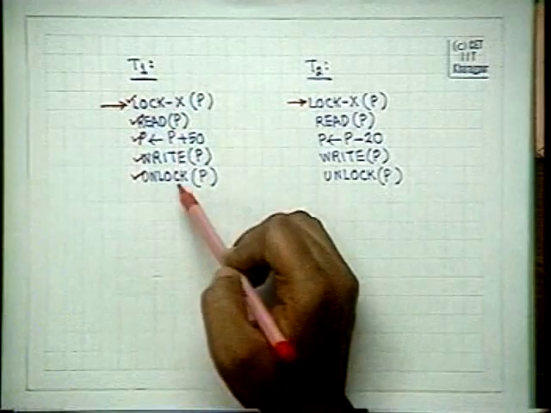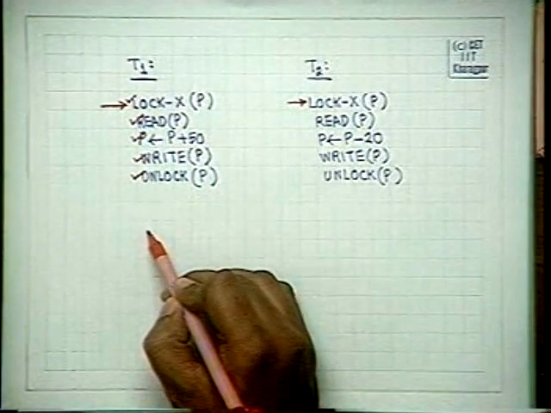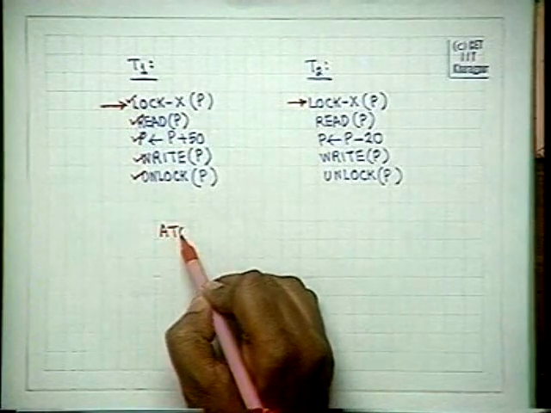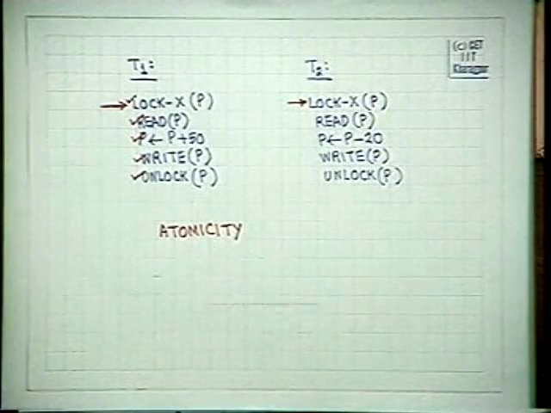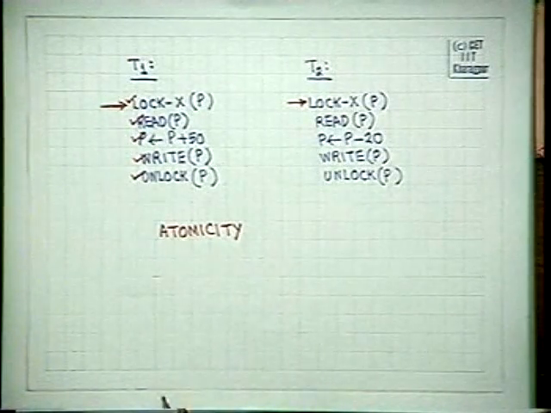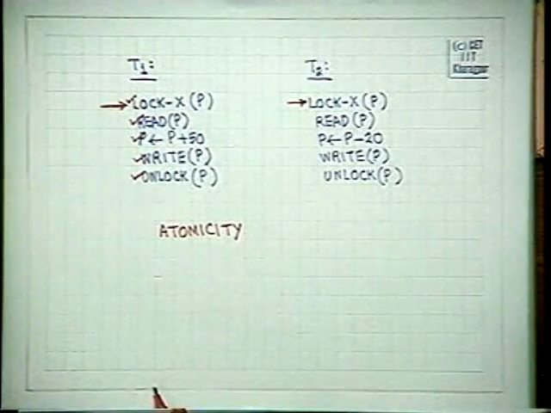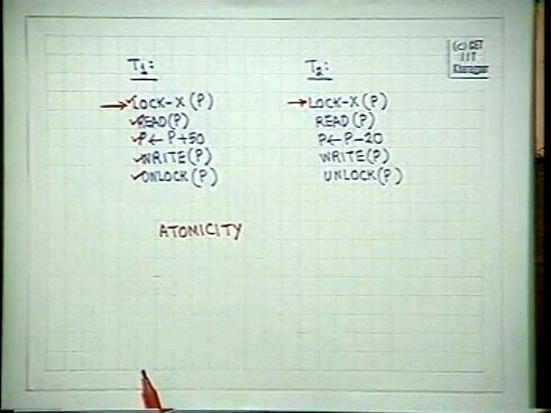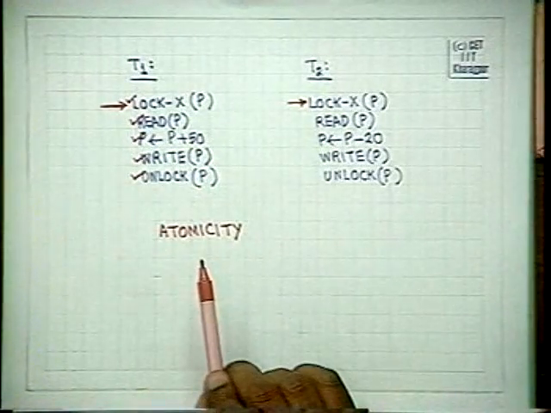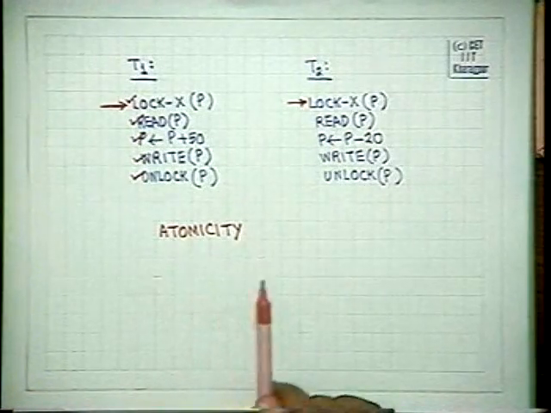So due to this locking and unlocking mechanism, we are providing a sort of atomicity to the operations on the data item P. That is, the statements of a transaction which affect the data item P are all going to be executed for a particular transaction before any other transaction touches it.